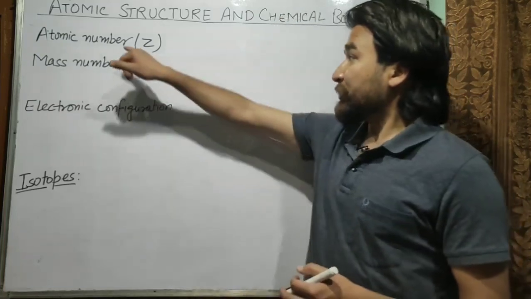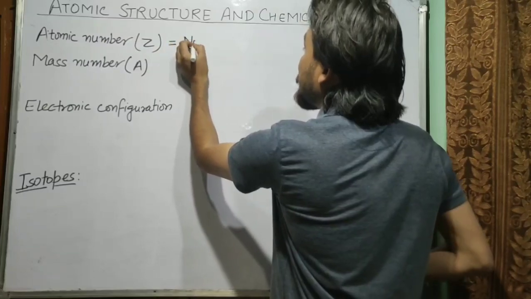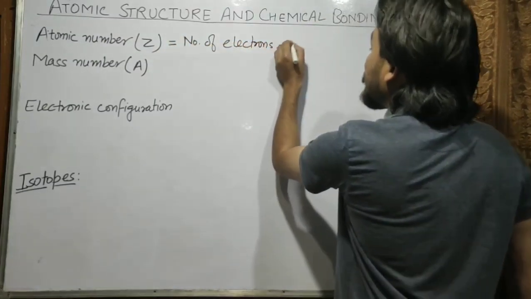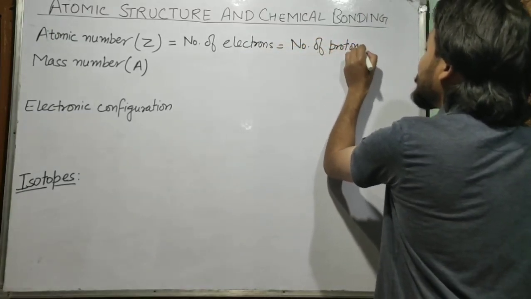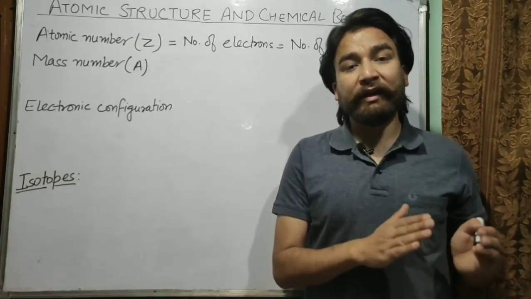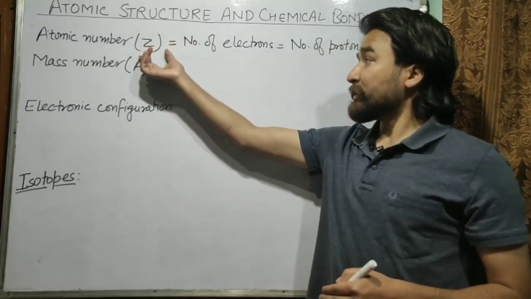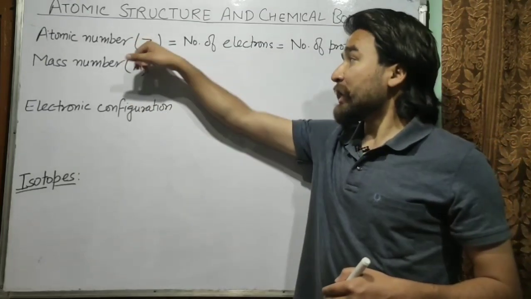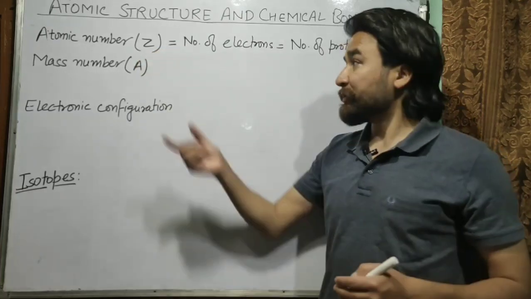So atomic number of any substance is equal to number of electrons, or that is equal to number of protons present in an atom, because the number of electrons present in an atom is equal to the number of protons in an atom. So that number of electrons or the number of protons in an atom is known as atomic number. Atomic number is represented by Z.